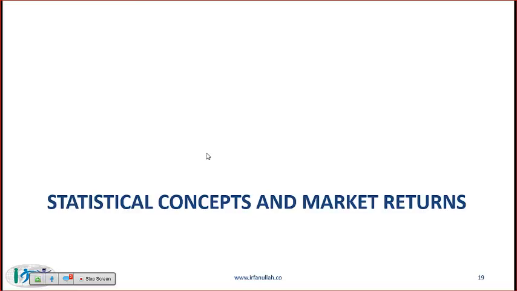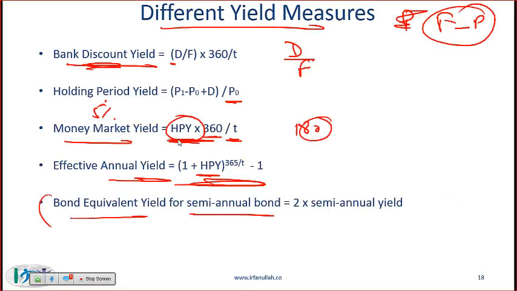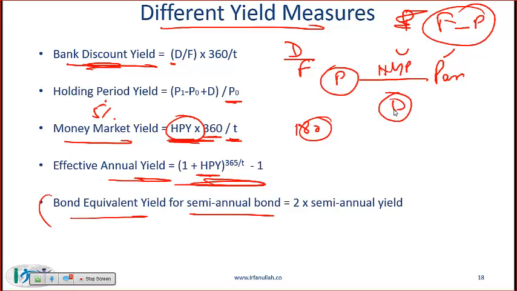So if you know the holding period yield, and you know the par value, you can come up with the price of the bond, assuming that it's a zero coupon bond. The holding period yield is known, par value is known. You can use basic mathematics to come up with the price of the bond. Then you know the discount. If you know the discount, then you can come up with the bank discount yield.